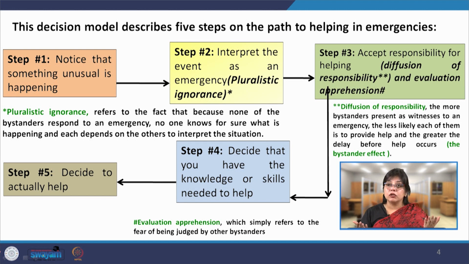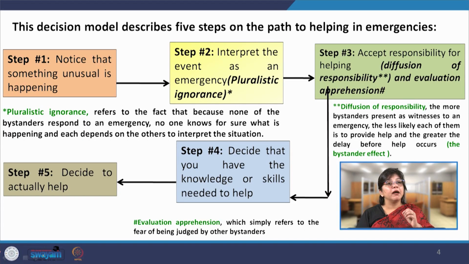Since we are novices to that emergency, we do not know how to react or respond to that situation, but with the gradual passage of time, we tend to interpret the whole situation, how much degree of urgency there is in any particular situation. For that we need to collect information from the situation, and interpret or collect that information in the correct manner.